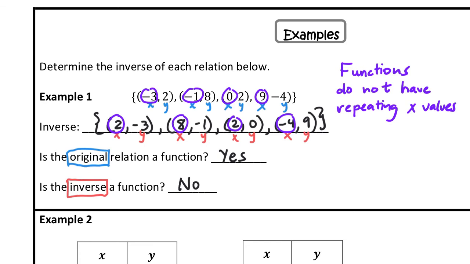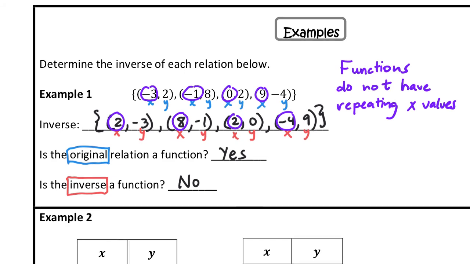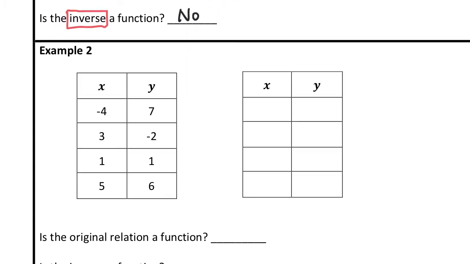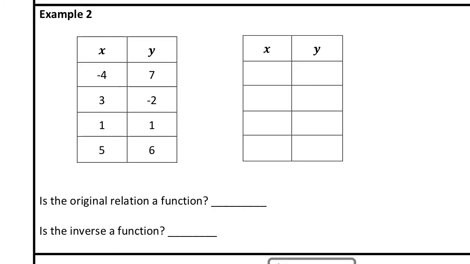All right, let's go to example 2. Let me slide down here. Okay, so this is my original, and over here I'm going to put my inverse points. Okay, how do I find the inverse points?